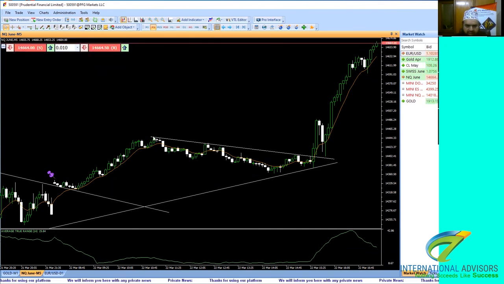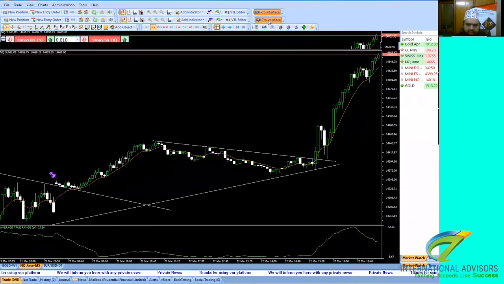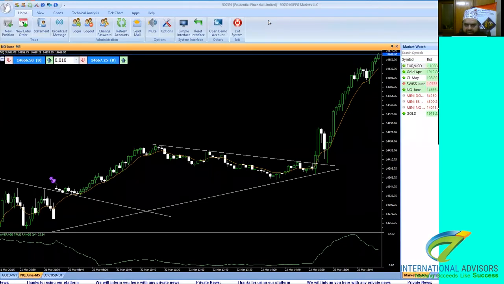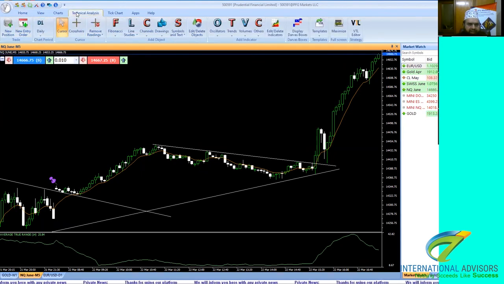How do you change the time? If you go to the pro interface, I don't know which interface is on your screen right now. For example, generally this is the one. If that's the case, then you go to this tab of technical analysis.